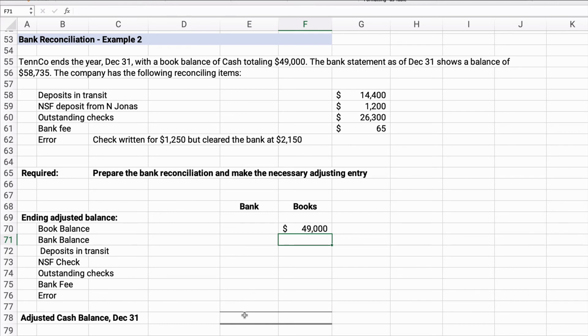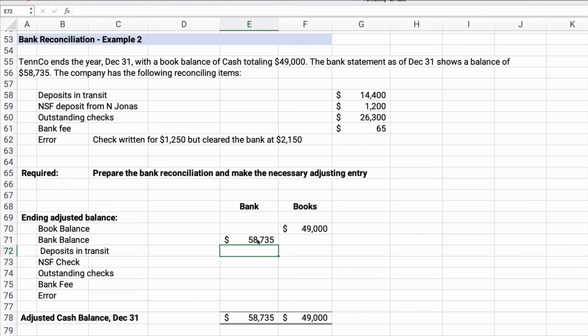Now, one thing we want to do, let's go ahead and do a sum of this entire column so we can see how close we're getting. Our bank balance is $58,735. Our deposits in transit, we have made deposits.